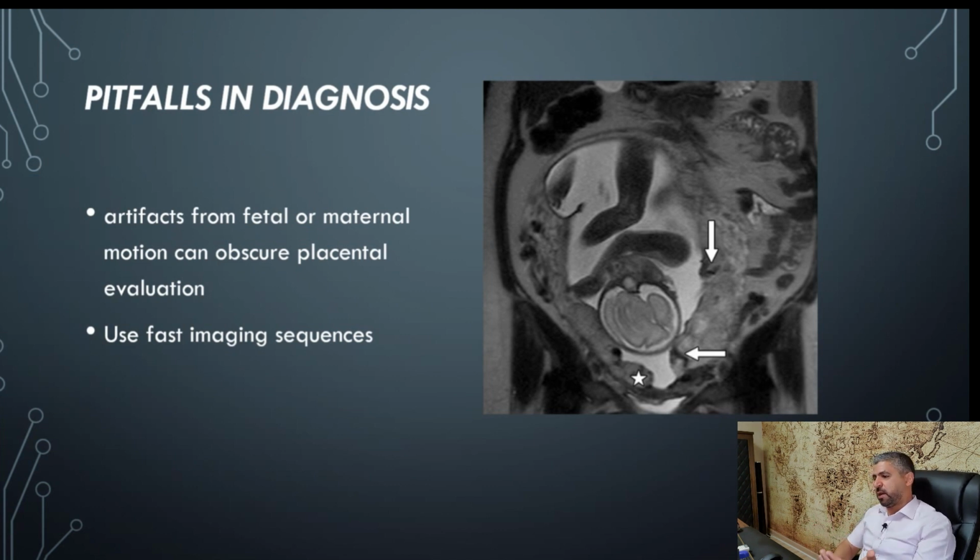For example, we can see here, this is a fast imaging sequence, and there is no motion artifact here. I will not go into the proper imaging sequences; it's beyond the scope of this episode.